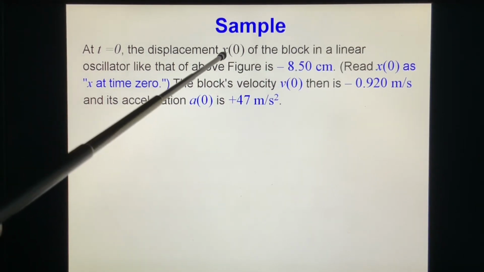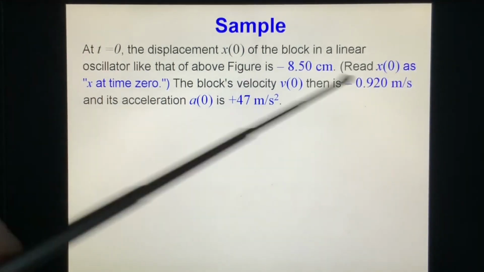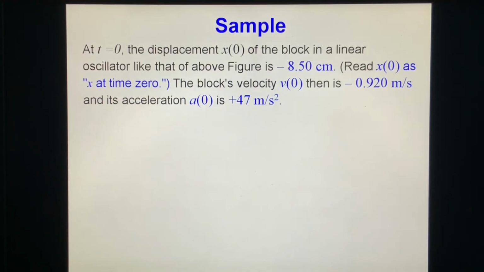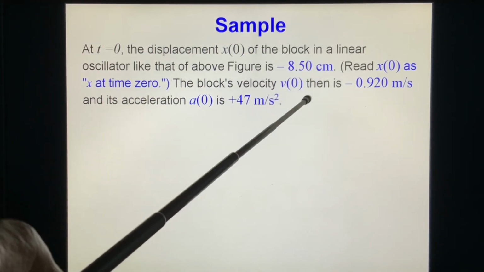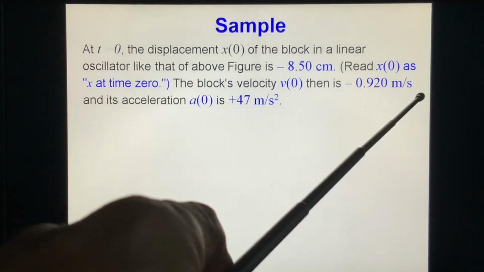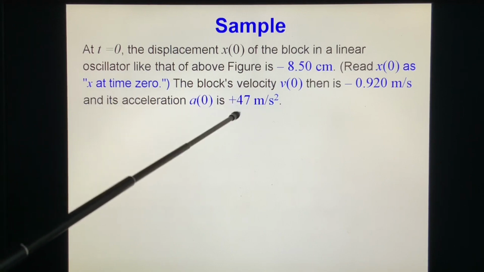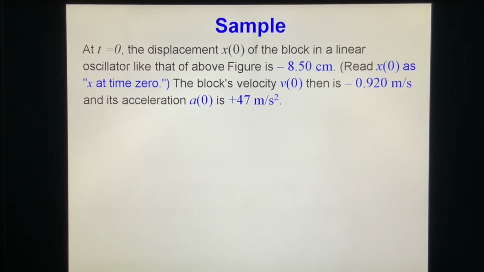We read x0 as x at time zero. The block's velocity v at time 0 is minus 0.920 meter per second, and its acceleration a at time 0 is positive 47 meters per second squared. This gives you 3 initial conditions.